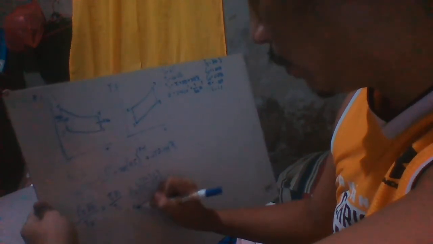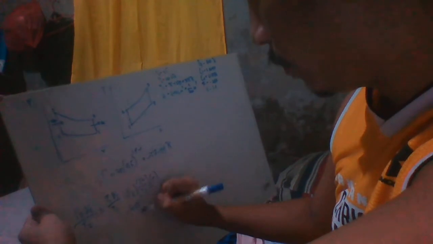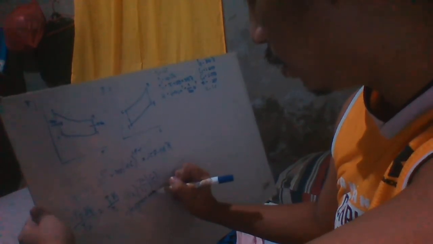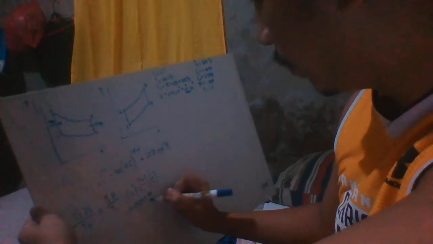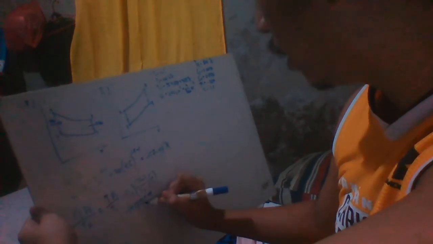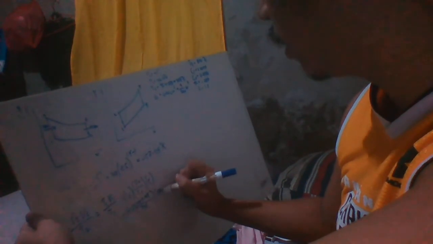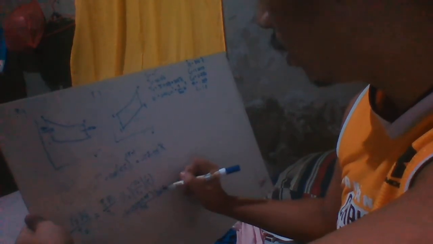So 9.5 times T2, 757.94, over T1, which is 308, times the pressure 1, which is 100 kilopascal.